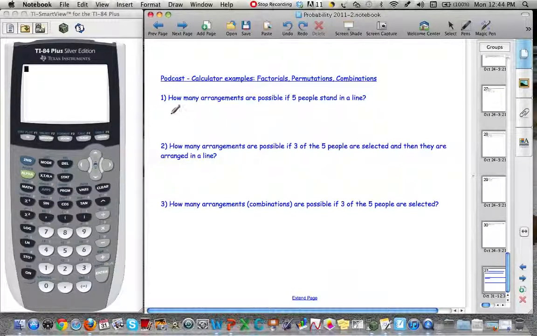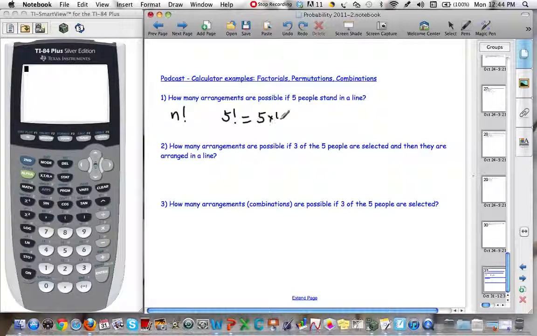In this particular case, what we're interested in is the formula n factorial, and our value is 5 factorial, which is by definition 5 by 4 by 3 by 2 by 1, and that will yield the numerical value of the number of arrangements that are possible if 5 people stand in a line.